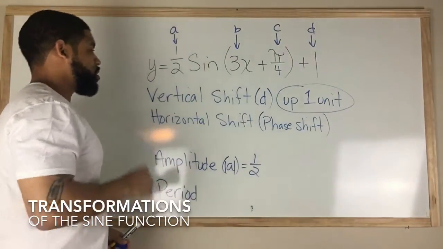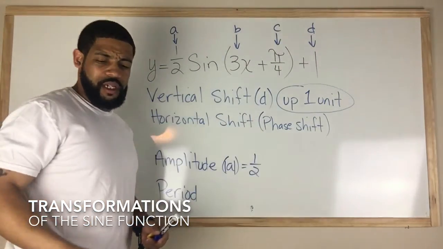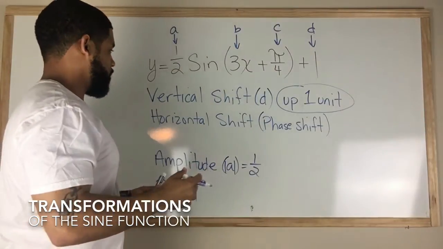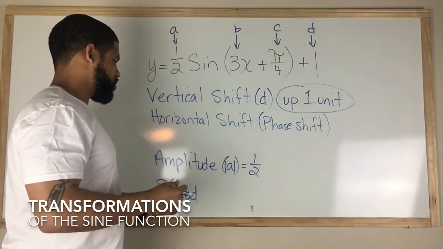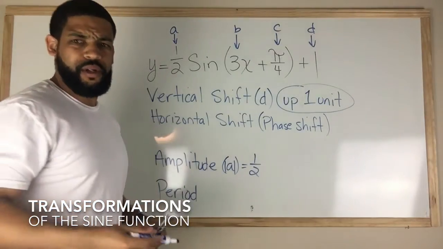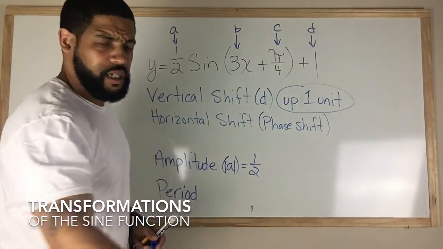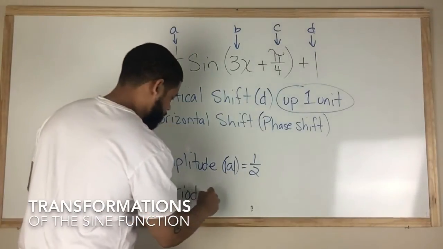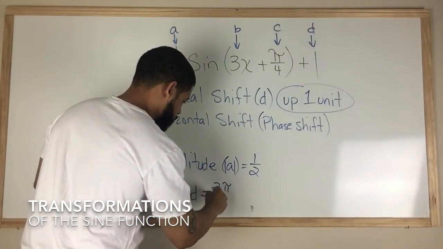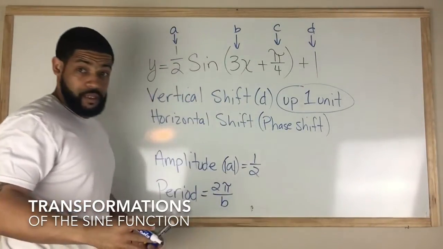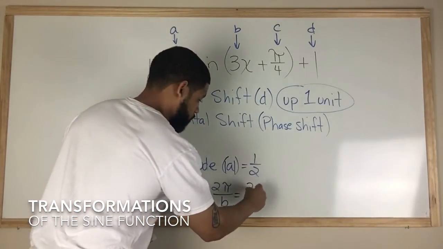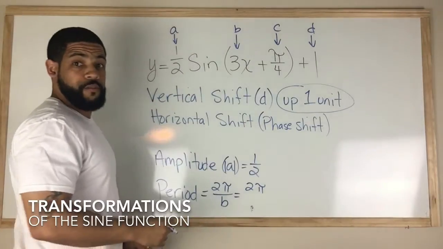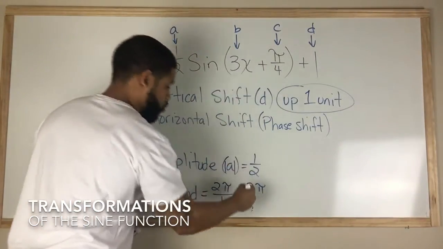Now the next thing we want to talk about, let's go to the period. Period is going to be 2 pi over B. In this case, 2 pi is there, but then we have B, which is 3.